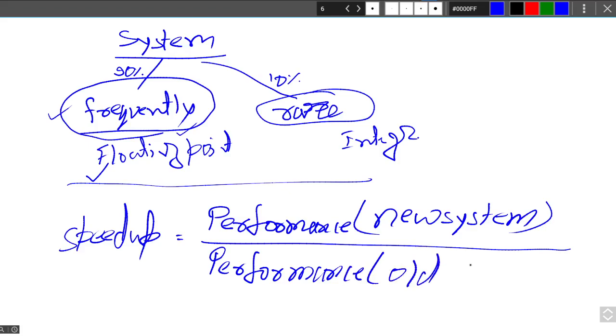The old system is the system without enhancement and the new system is the system with enhancement.